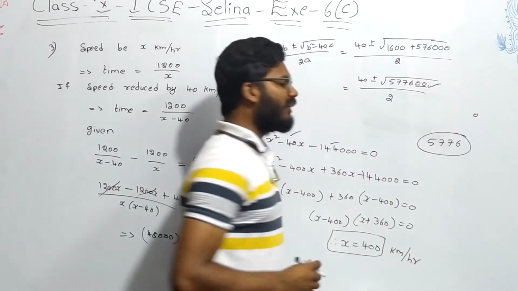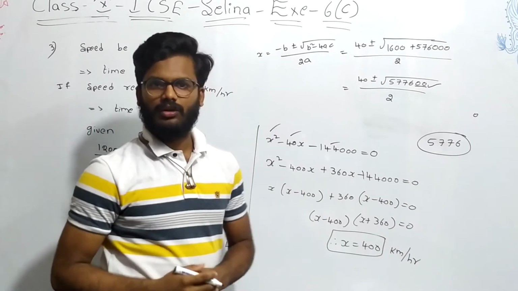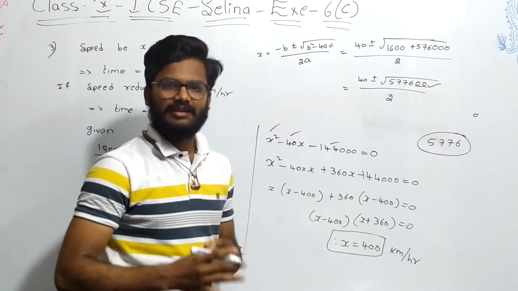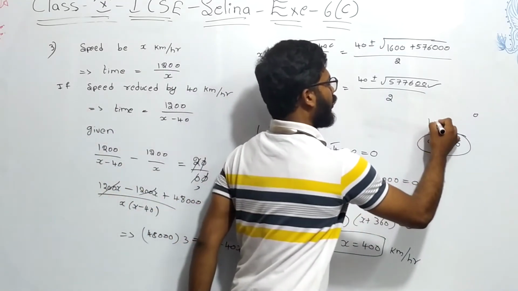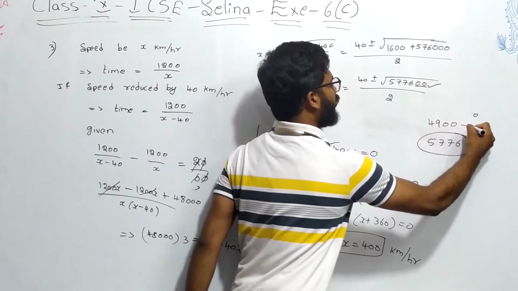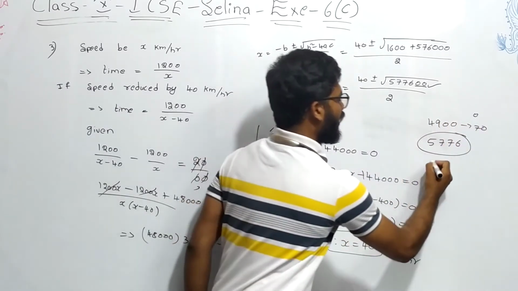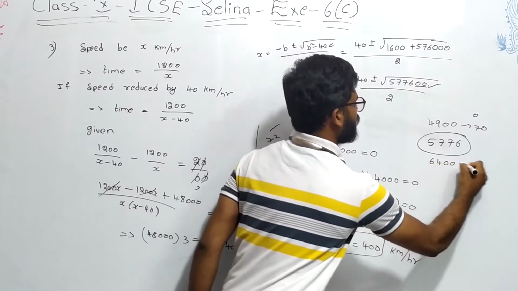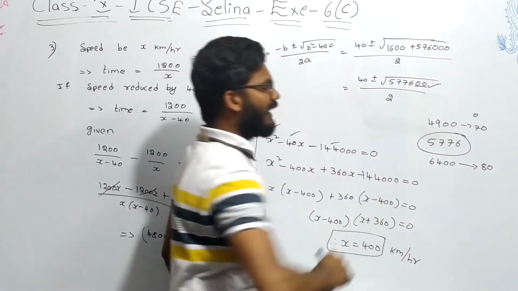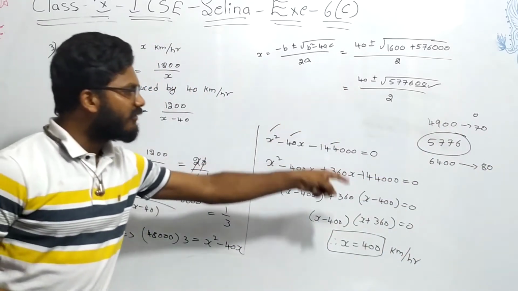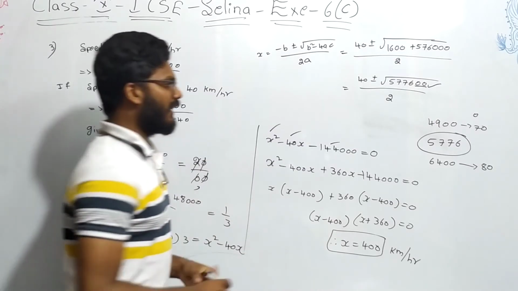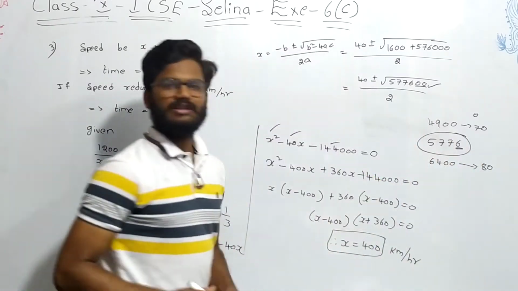It is nearly 5000 or 6000. So we have to check what are the nearest roots we know there. So 4900 is the square of 70, and 6400 is the square of 80, right? So that lies in between 70 and 80, and in the units place we have 6.